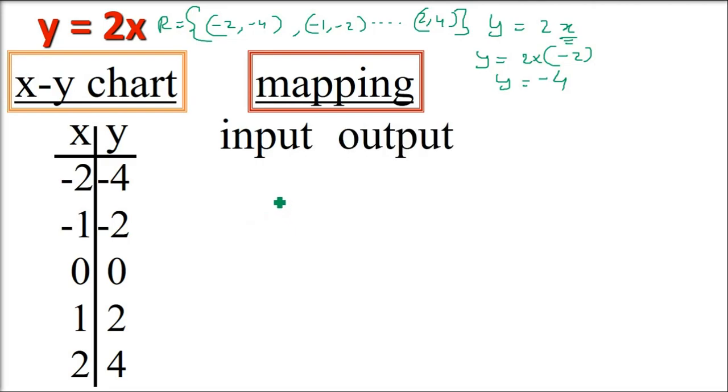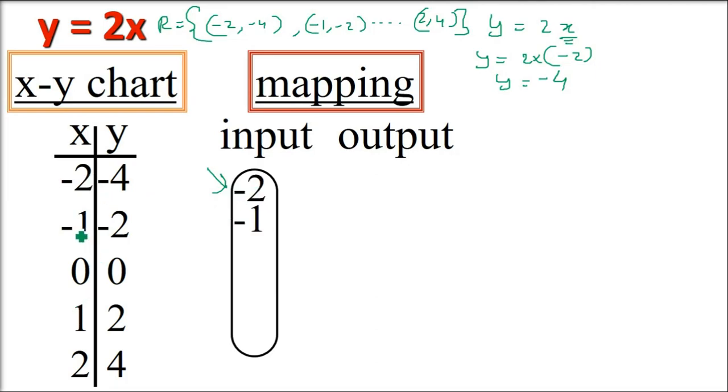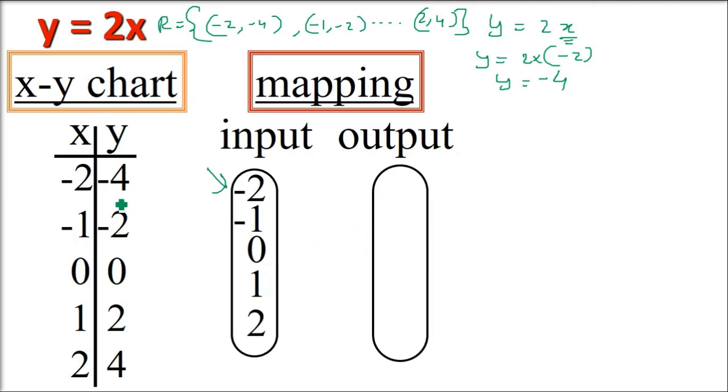How do we represent it through mapping? We usually use the set form, the Venn diagram form, the mapping form. The x values are written in this way, and on the output side you put the mapping. If you put x as minus 2, you get minus 4.